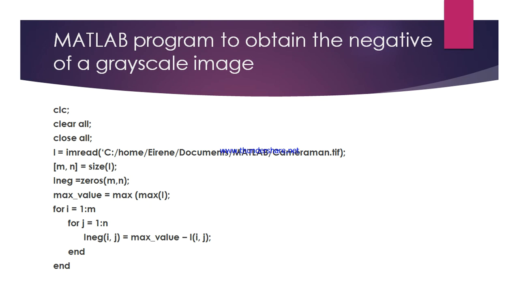Here I am taking every pixel of ineg, that is the negative image, and changing its value to max value minus I(i,j), where I is the original image and (i,j) represents the elements in the original image matrix. So this is the syntax to replace darker pixels with lighter and lighter pixels with darker. Then we will just end the for loop.